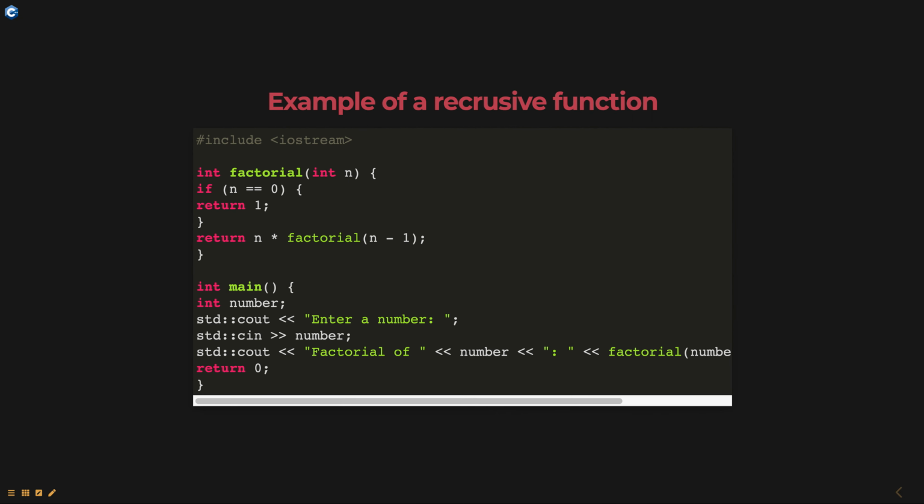Here is a simple example of a recursive function in C++ that calculates the factorial of a given number. In this example, the factorial function calculates the factorial of a given number by multiplying the number by the factorial of the next lower number.